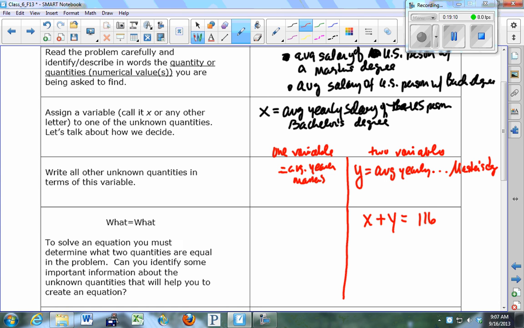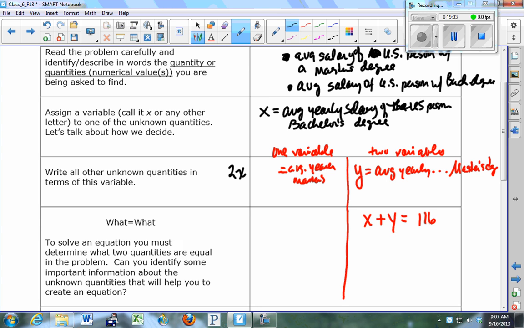Curtis? First, I made two equations. No, I'm sticking with the one right now, right here. How do I represent the yearly salary with the master's, Nathan? Well, that's what we had, so let's try that.